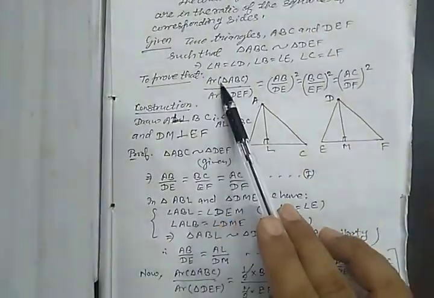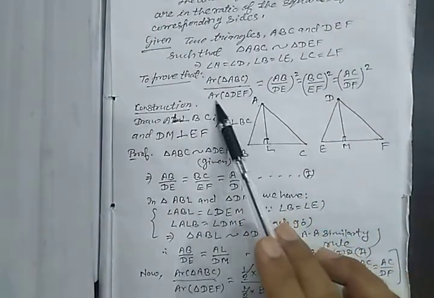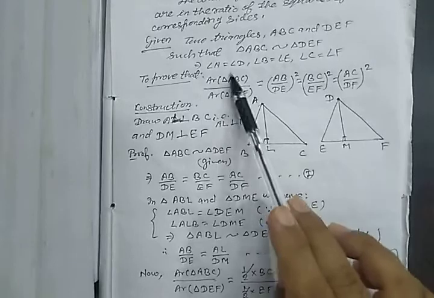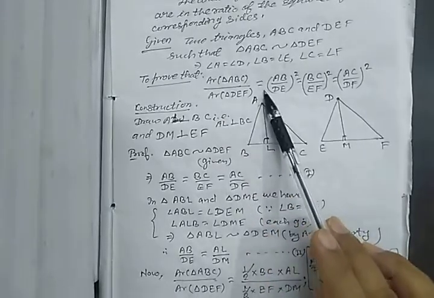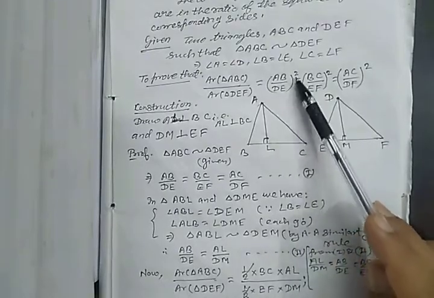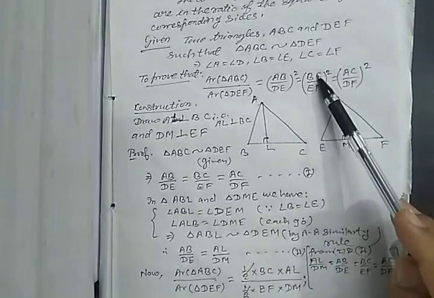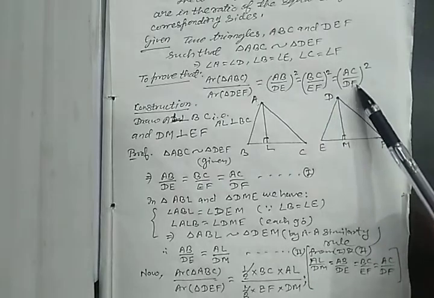We have to prove that the area of triangle ABC upon the area of triangle DEF, which are similar to each other, their ratio will be equal to the square of the ratio of their corresponding sides, that is (AB by DE) whole square equal to (BC by EF) whole square equal to (AC by DF) whole square.